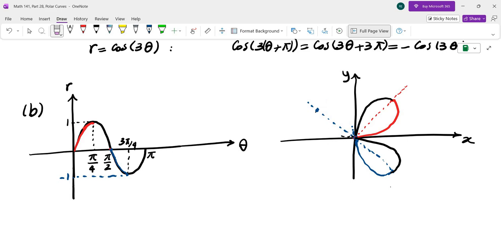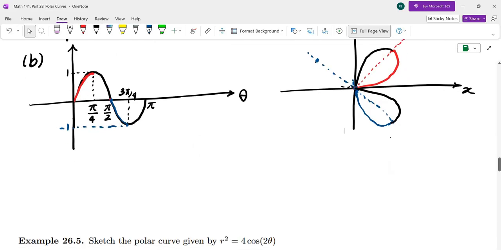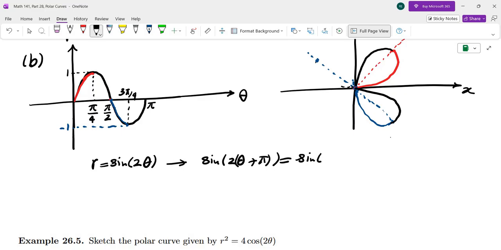Now let's look at the remaining portion. The remaining portion starts by adding pi. So if you add pi, we have r equals sine of 2 theta. If we add pi, sine of 2 theta plus pi is the same as sine of 2 theta, which is the same as r.